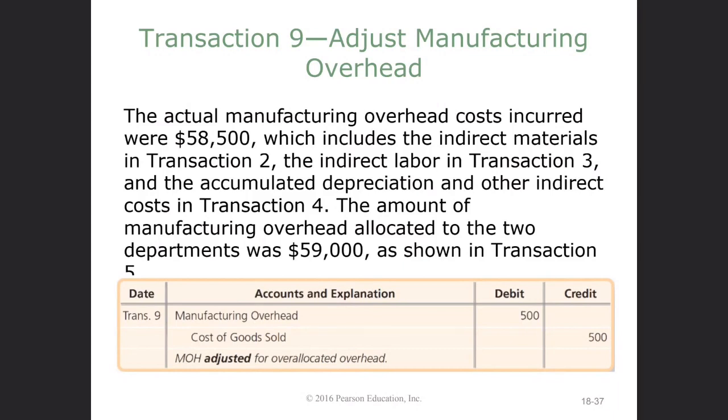So we've under-allocated. Now we have to true that up and add in that additional $500 to allocate out. So that's what they're doing here. They're saying that they over-allocated by $500, so they're fixing that in this journal entry.